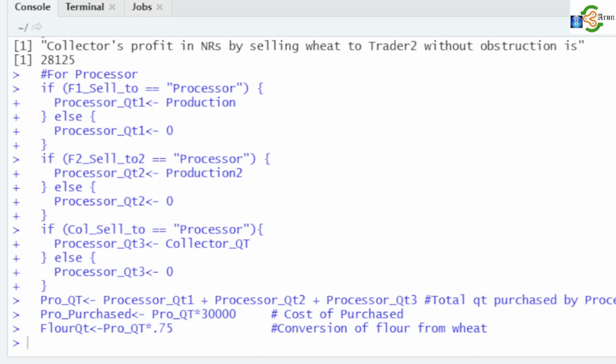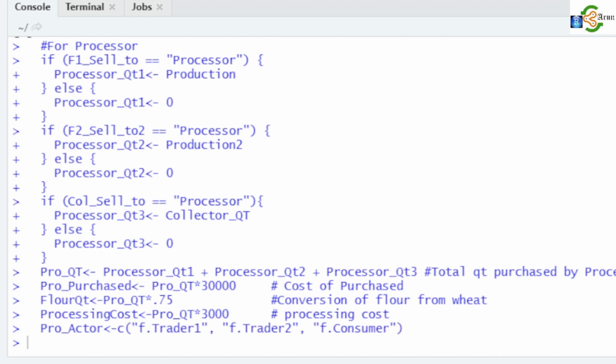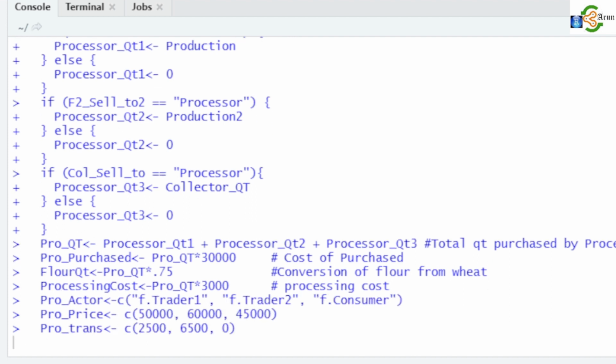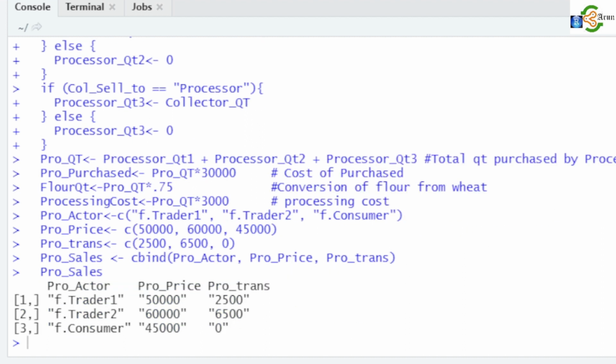In our case, we assume the milling recovery percentage of wheat to flour is 75%. This is the processing cost: 3,000 per metric ton for the processors. You can see here to whom the processor can sell its produce: trader 1, trader 2, or directly to the consumer.